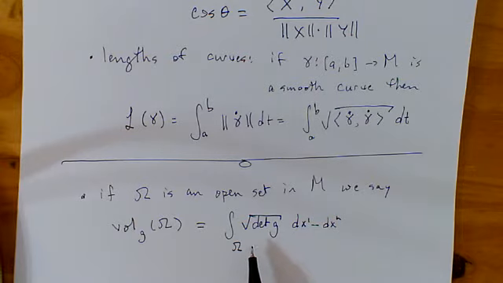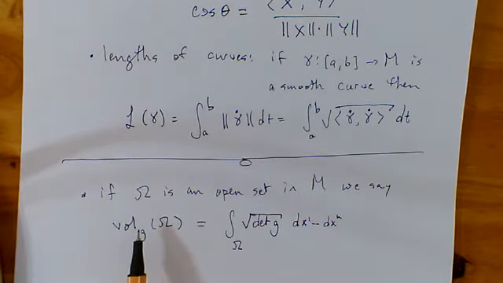So let's stop and make sense of what I've just written down. If omega is an open set, we can compute the volume of that open set as taking the integral over the open set of the square root of the determinant times your standard Euclidean volume form.